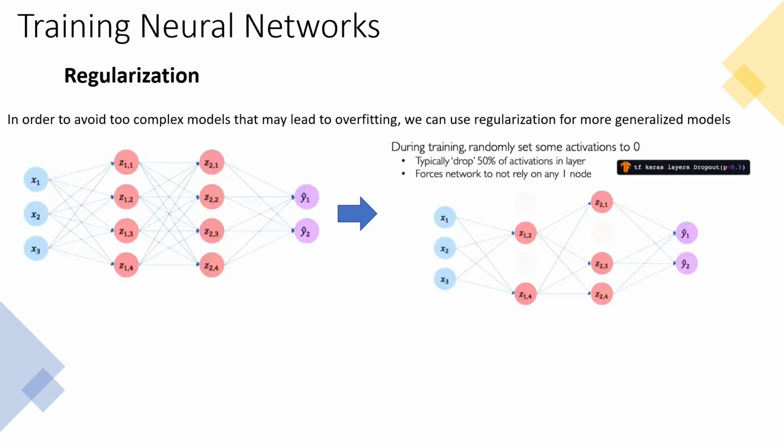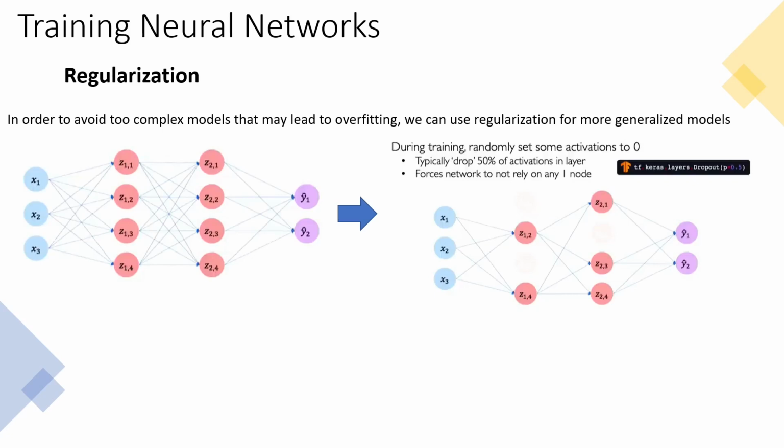So there is another concept called regularization. For a couple of weeks, we will not be using this terminology, regularization, but just remember, in order to avoid too complex models that may lead to overfitting, we can use regularization for more generalized models.